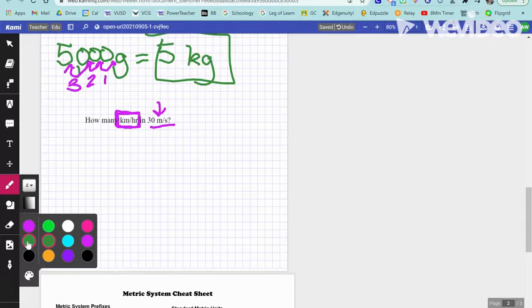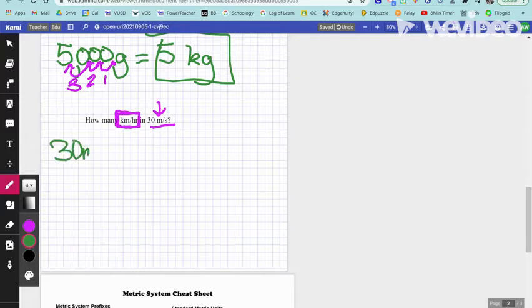So the question is, how many kilometers per hour in 30 meters per second? So I was given 30 meters per second, and I want to get to kilometers per hour. So what I start to do is I start to put in conversion factors that will cancel things out to get to what I want.